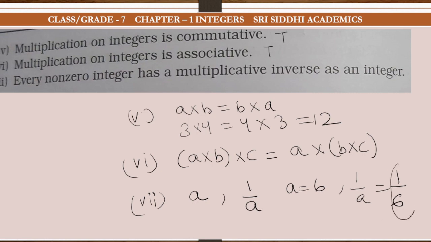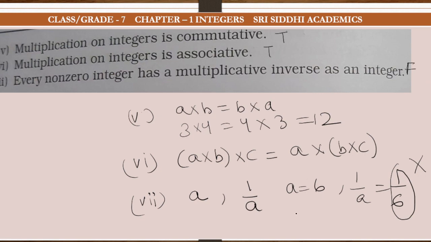Fractions or decimals are not considered integers. So yes, 1 by 6 is the multiplicative inverse of this non-zero integer a, but it is not an integer. So this is false.